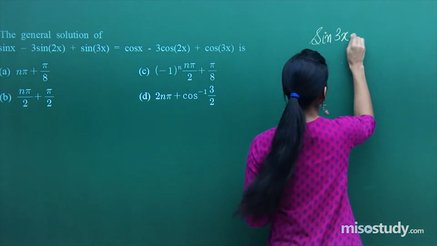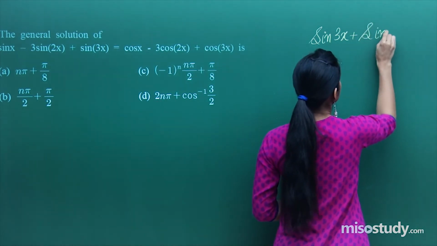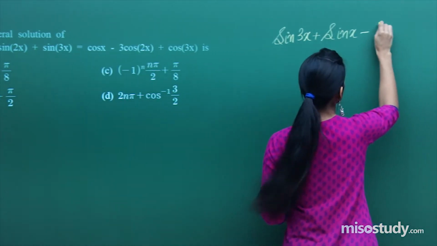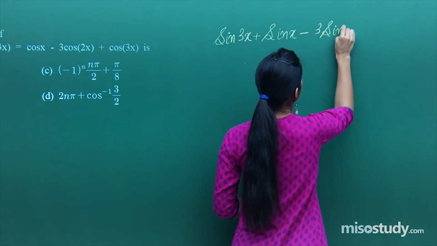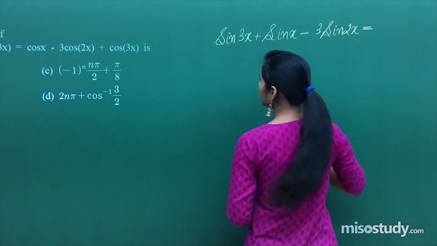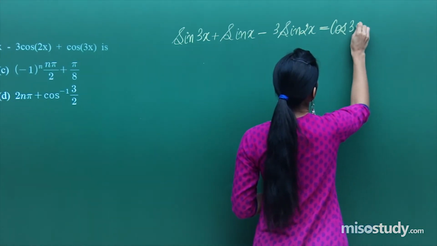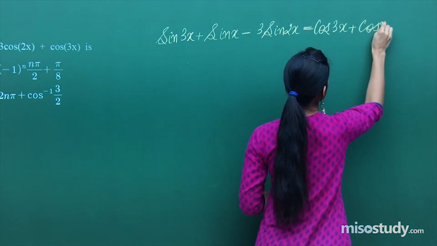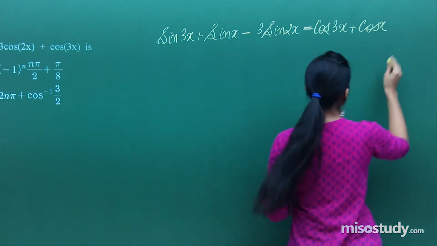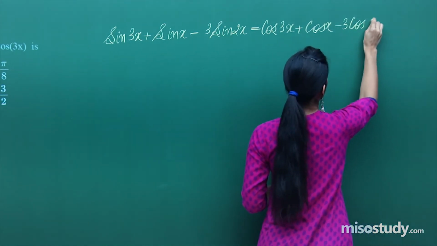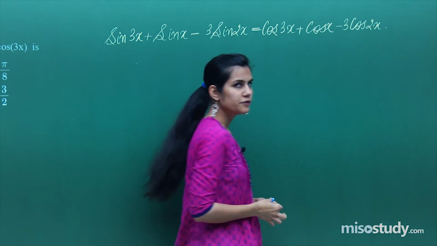sine 3x plus sine x minus 3 sine 2x equals cos 3x, so there is a symmetry, plus cos x minus 3 cos 2x. Fine.